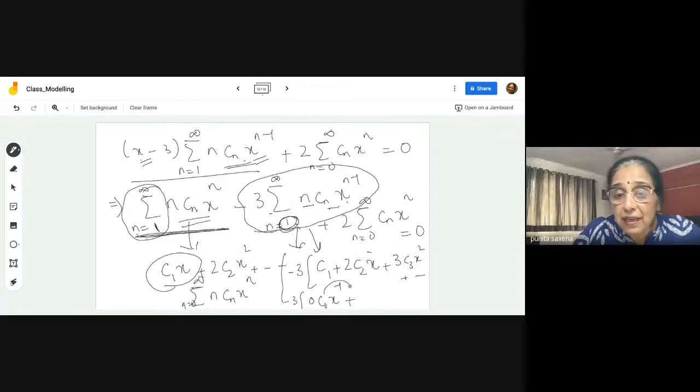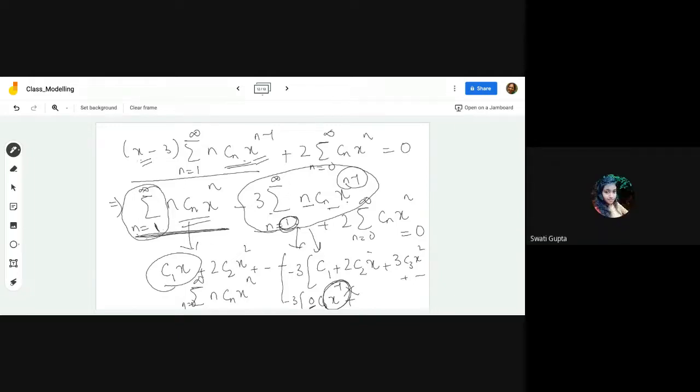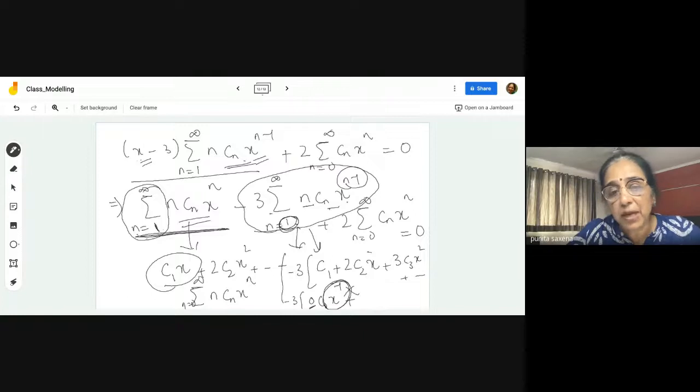But then see, okay, fine. What about terms like this? Though the coefficient is 0 here, I do not want terms like this. I want my power of x to be a positive term because it's a power series. Are you getting my point? If you change n equal to 0 here, you are getting x to the power minus 1, which we don't want.